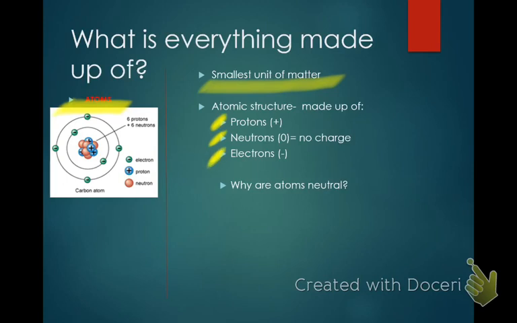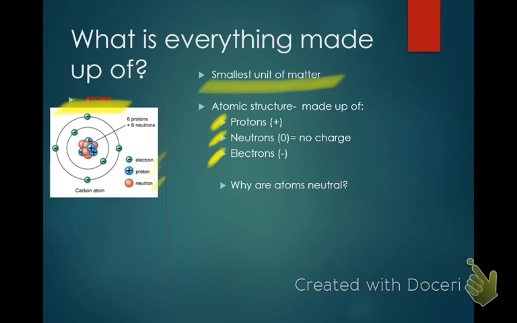And from this, we can see the protons are positive. So in this picture, they're the blue ones, okay? The electrons are negative, and so they're the green ones in this picture. And I apologize, I think neutrons are red because they're neutral.